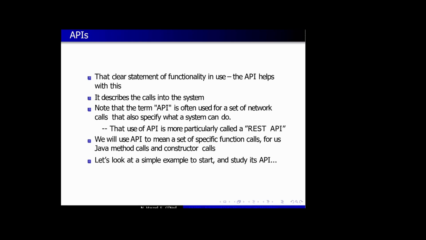So when you hear the word API in the wild, you have to figure out, is it a function spec or is it a network spec? But we'll just be worried about the function case. And there's a big relationship between the two of them. They're not that much different, but still they're a little different. Okay. Any questions on this setup?